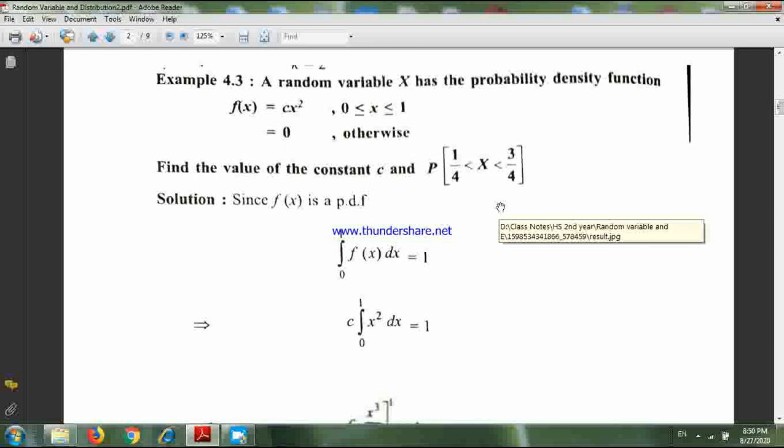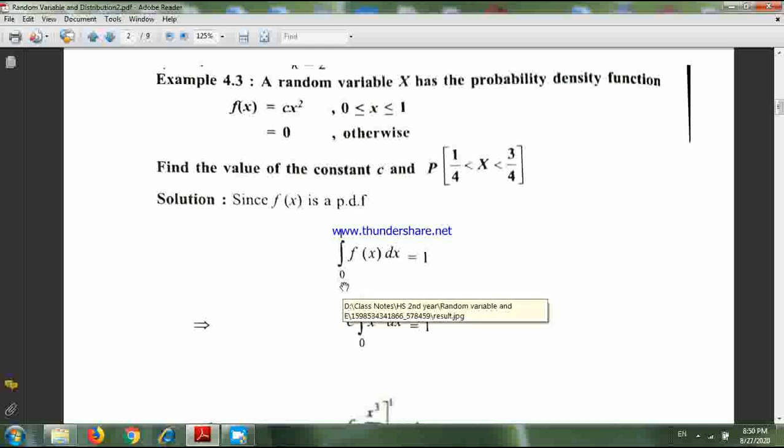Now, since the given function is a PDF, definitely the integration of f(x) dx equals 1, over the entire range of x. They have written directly 0 to 1.